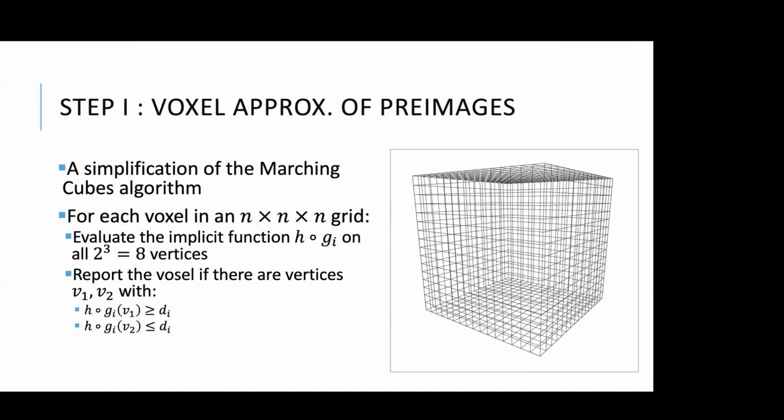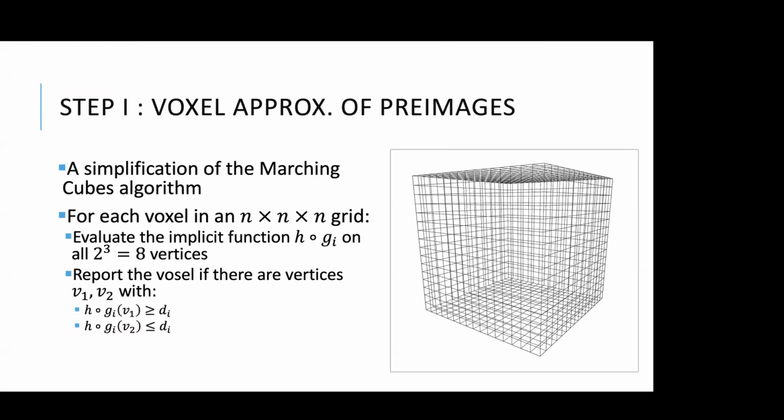And if for a given voxel, there are two vertices, one with measurement greater or equal than the value, and one lesser or equal than it, then we report that voxel, because we say, okay, that voxel might have a point of the pre-image. So if the function h was continuous, that was a no-brainer, right? Because we have the intermediate value theorem.